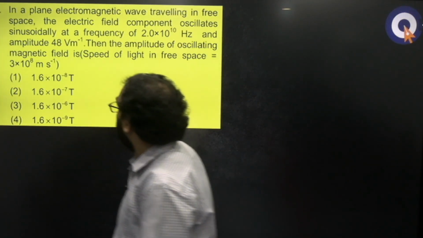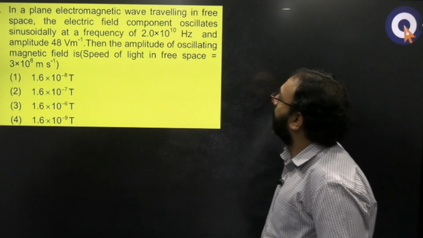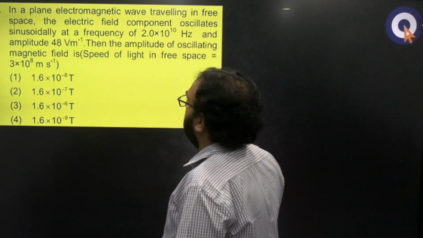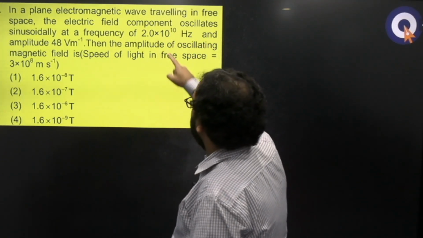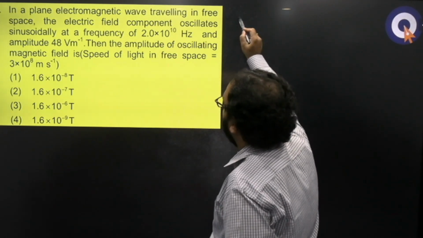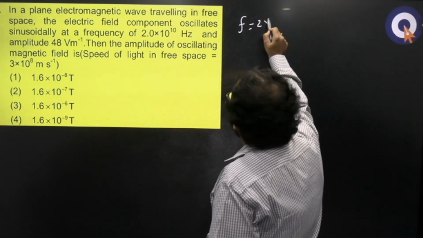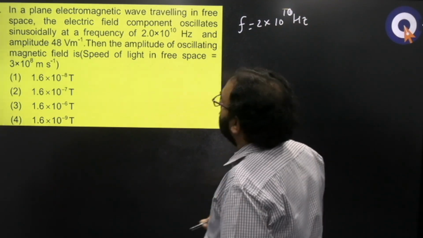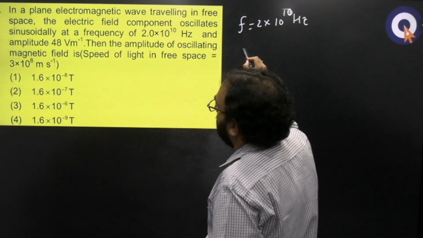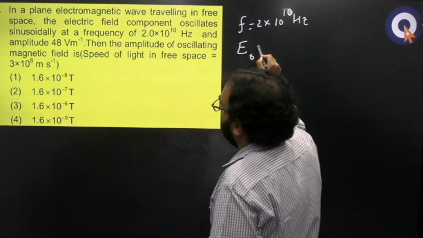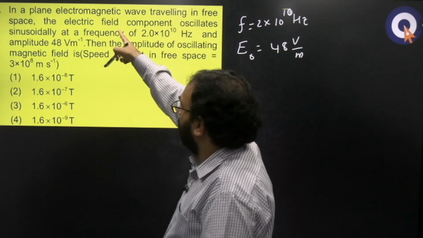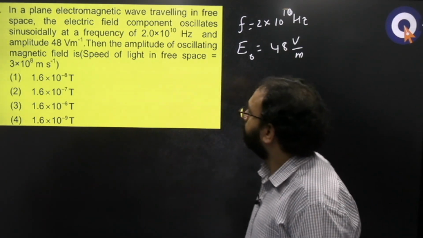Next, in a plane electromagnetic wave traveling in free space, the electric field component oscillates sinusoidally at a frequency of 2 into 10 power 10 hertz. And the amplitude E naught is 48 volt per meter, because the electric field component has an amplitude.